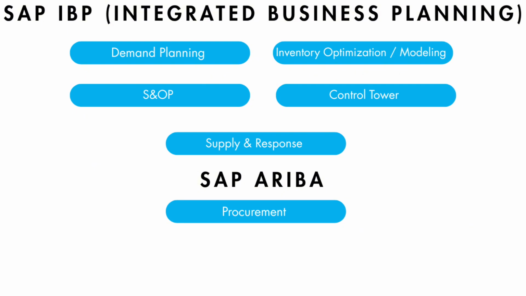So IBP, I would say, is really a layer which does a lot more intelligent planning, whereas the core ERP does mathematical planning. And there's a distinct difference between the two. And I would say the last module I would probably mention is SAP Ariba, which is a procurement platform.